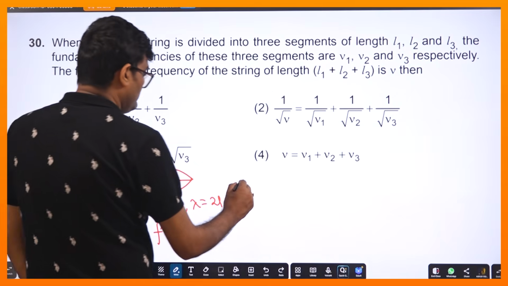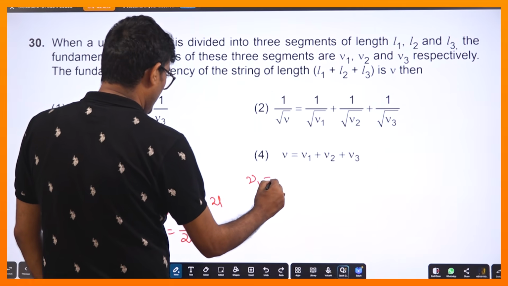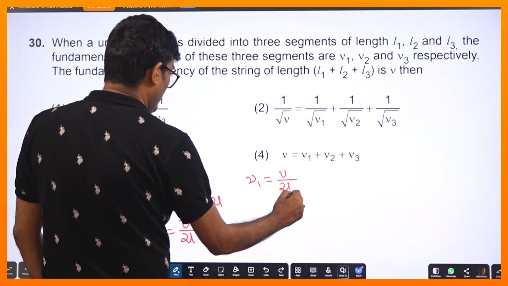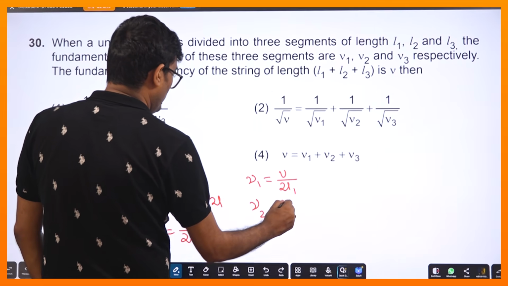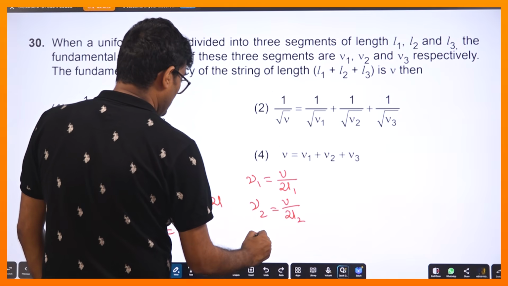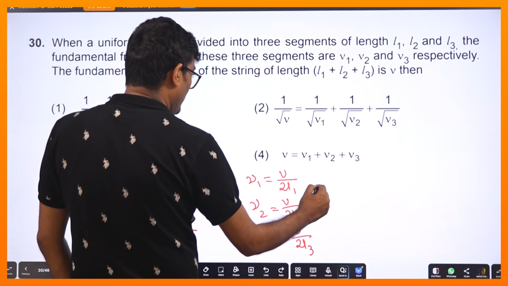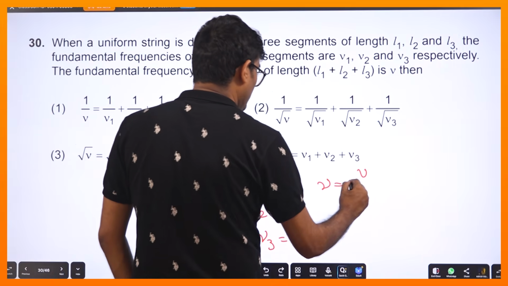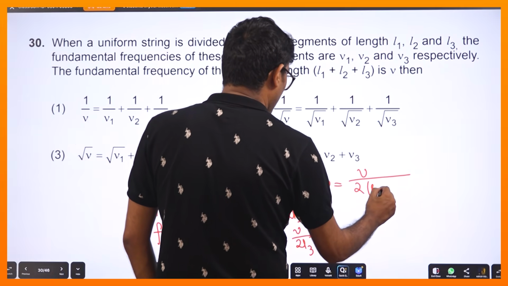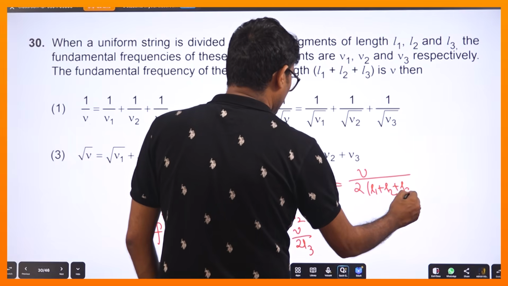So frequency nu1 is equal to V by 2L1, nu2 is equal to V by 2L2, like that, and nu3 is equal to V by 2L3. And what is the fundamental frequency nu? That is V divided by 2 into L1 plus L2 plus L3, right?